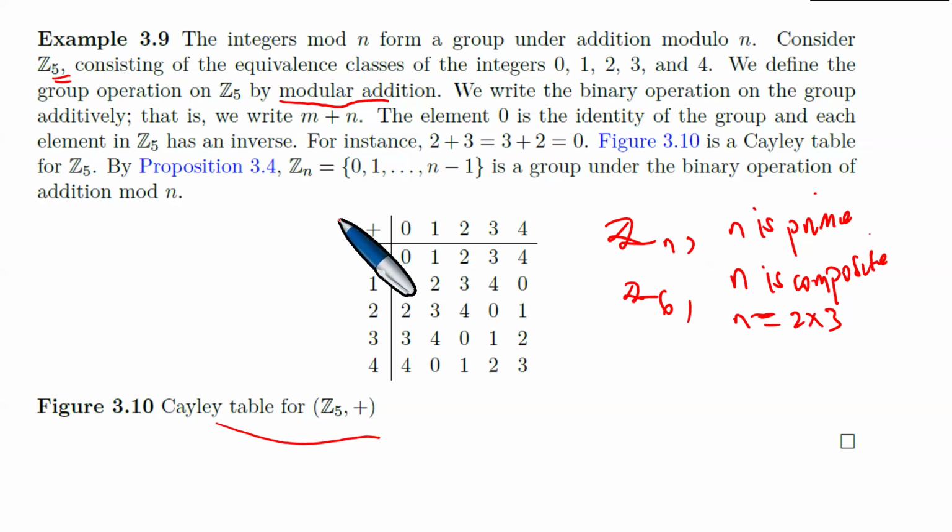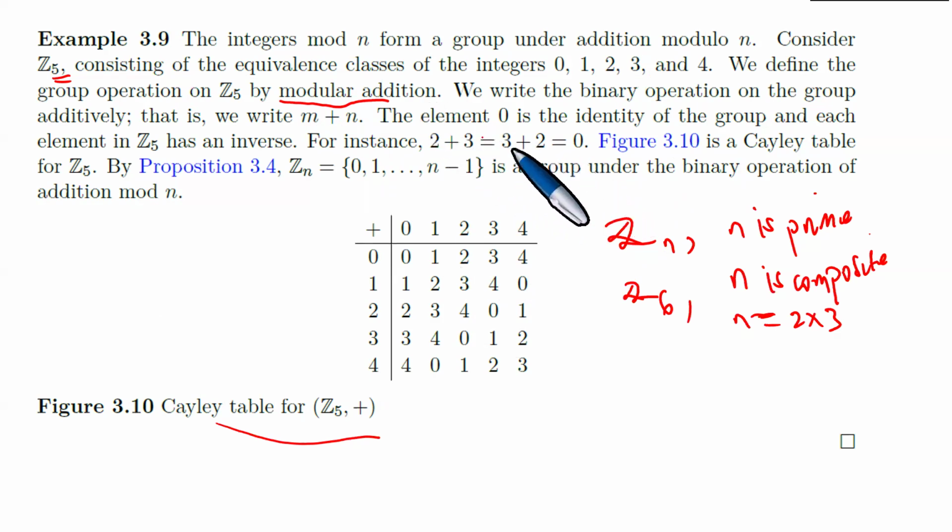For instance, 2 plus 3 is equal to 3 plus 2 equals 0.